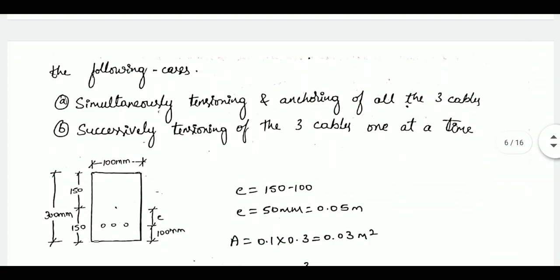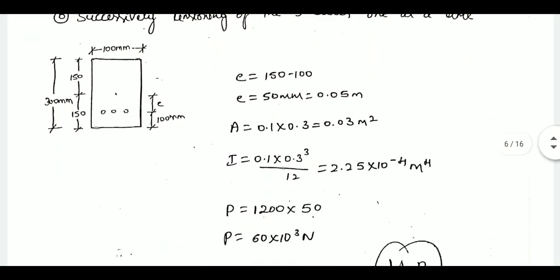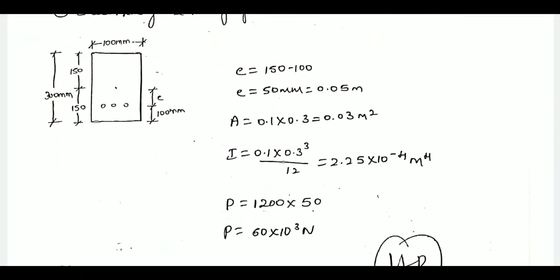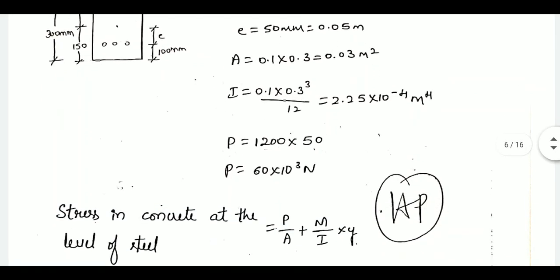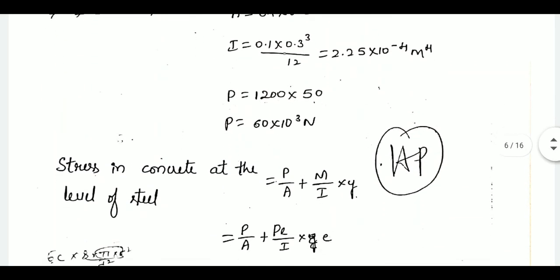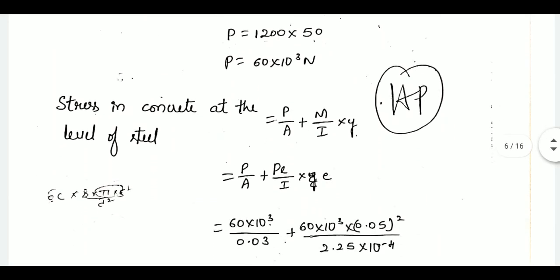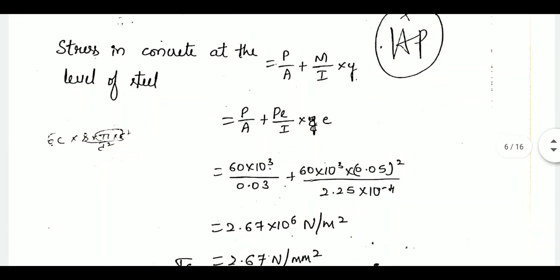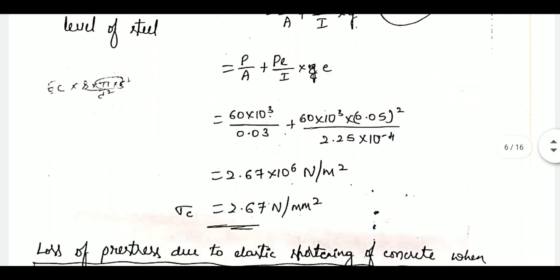So the eccentricity will be 50. Area we have, moment of inertia we have, and the pre-stressing force, initial stress is given and area of steel is given, so it is 60 kilonewton. Now since we have only a single layer, no need to worry, we can consider Y as the eccentricity. We have calculated the sigma C value as 2.67 Newton per mm square.